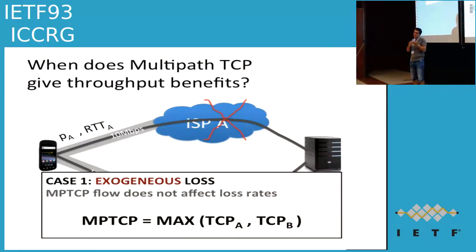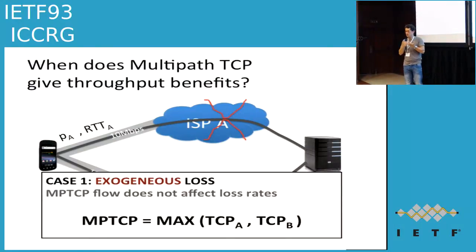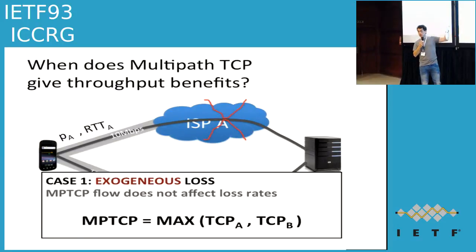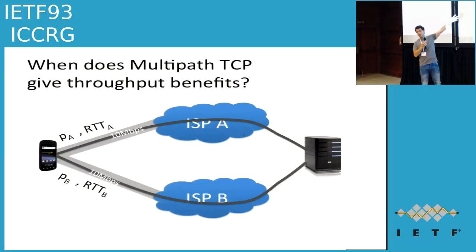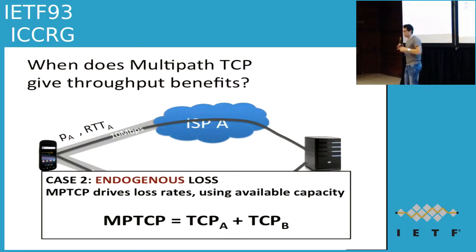So you have such high statistical multiplexing that whatever the connection does, it doesn't really affect the losses much. In this case, MPTCP will give you, as per the goal we had in the design, the maximum of TCP A and TCP B. The next case is when the MPTCP flow actually drives the loss rates, as in these links are not utilized by anyone, and only the MPTCP flow uses them. In which case you get the sum of throughput.